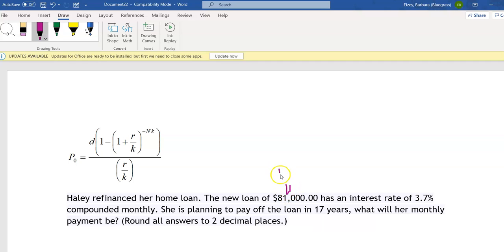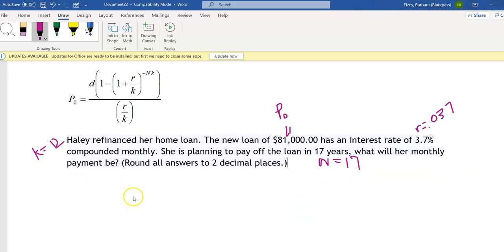This right here is our initial amount that we are getting the loan for. That's our P sub 0. Our interest rate is 3.7, but we want it as a decimal. We're compounding monthly, so K is 12. And we're going to pay it off in 17 years, so N is 17.